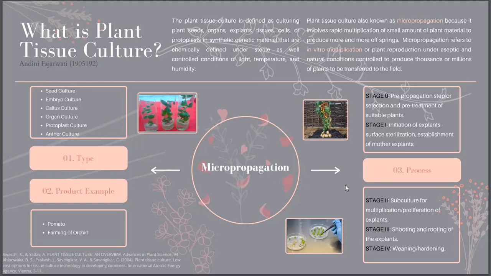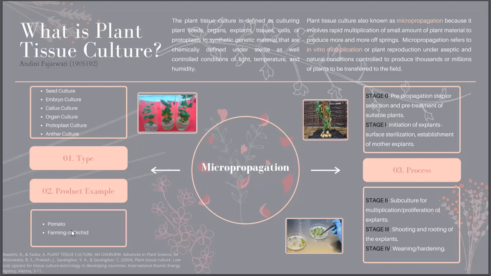We can see whether the plant that we already multiplied can adapt or not. If it cannot adapt, it will die, and if it can adapt, it will grow perfectly.